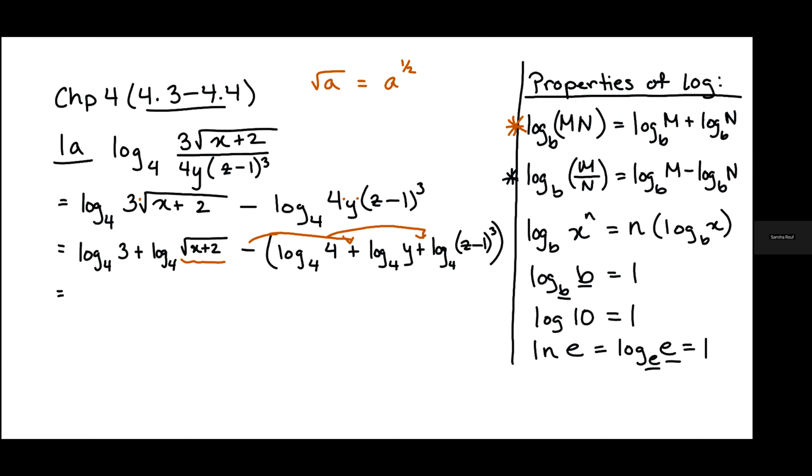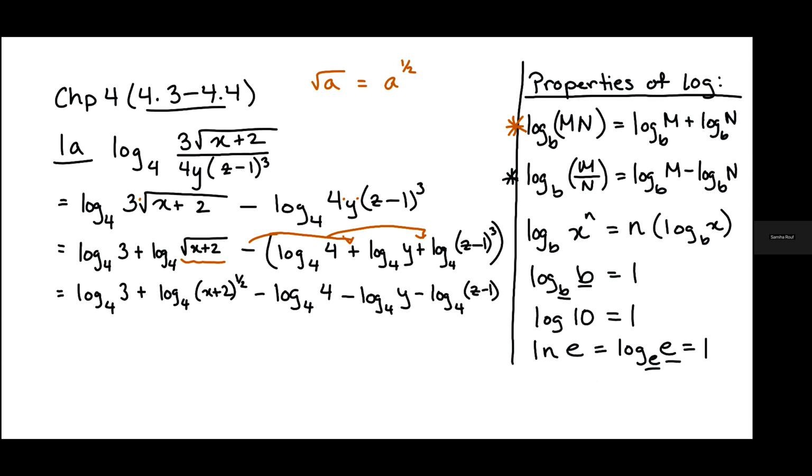Okay. So let's go ahead and do that. We get log base 4 of 3 plus log base 4 of x plus 2 to the power half minus log 4 of 4 minus log 4 of y minus log 4 of z minus 1 cubed.